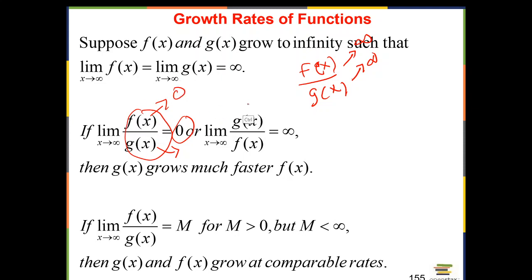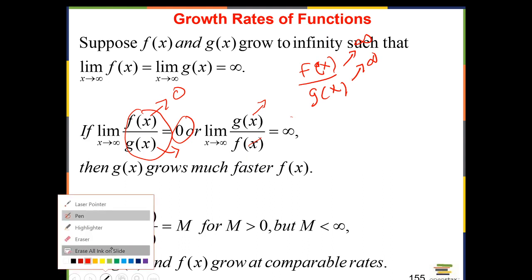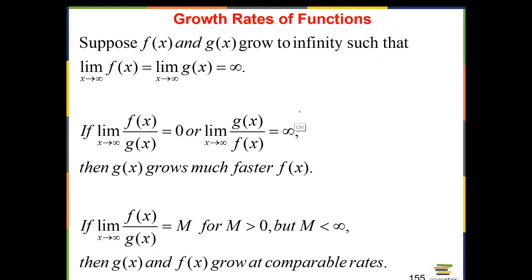Now, if g of x over f of x goes to infinity, that means again that g of x grows much faster than f of x. So eventually f of x doesn't even matter. It's not 0, but it's so small compared to g of x that the ratio would go to infinity. And if the limit is not 0 or infinity, but some number between 0 and infinity, then we say that f of x and g of x grow at a comparable rate.